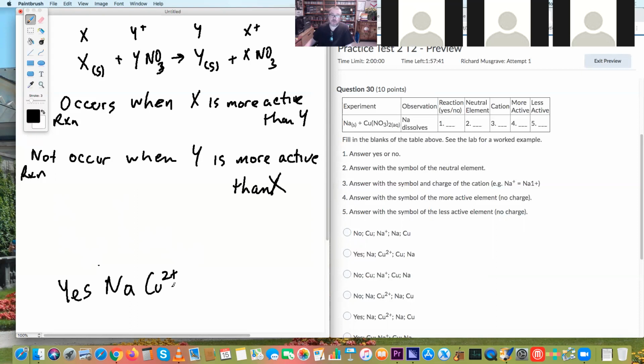You don't really need to know that though, because you can look at the answers and see what the charge on the copper is. So which one is more active, the Na or the copper? Copper. No, when a reaction occurs, the X is more active than the Y. So the Na would be more active than the copper. It's the opposite of the last one because there's a reaction this time.